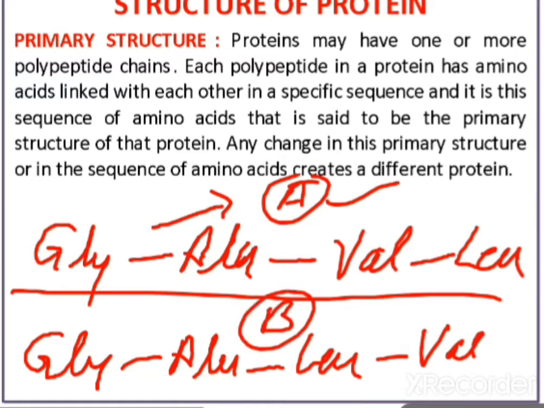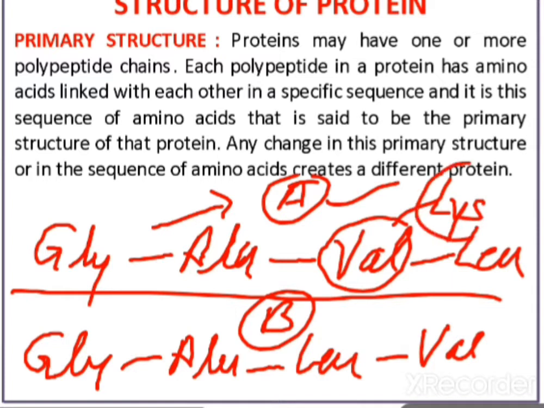It's now not A protein, it's a B protein, a second type of protein. If you just change this valine to lysine, if in place of valine you write LYS, then again A is changed to now C. It means if you change the sequence or replace an amino acid, the nature and type of protein will change, and also the properties will change.